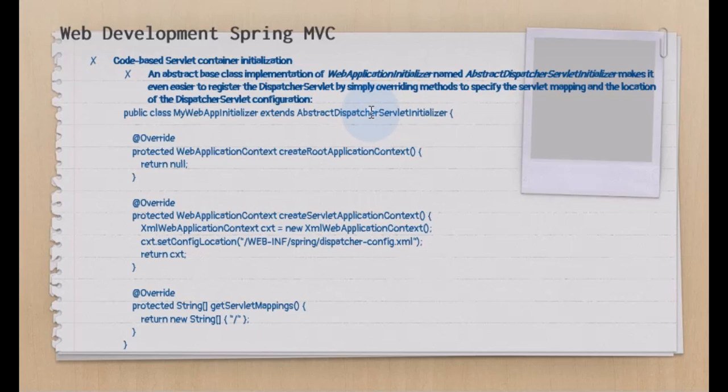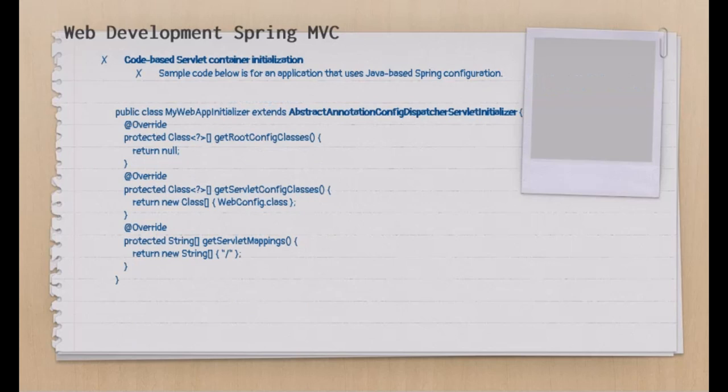But the aim of this session is to get rid of all the XML files. So then, we will extend from AbstractAnnotationConfigDispatcherServletInitializer. And we have three methods overridden: getRootConfigClasses, getServletConfigClasses, and getServletMappings.